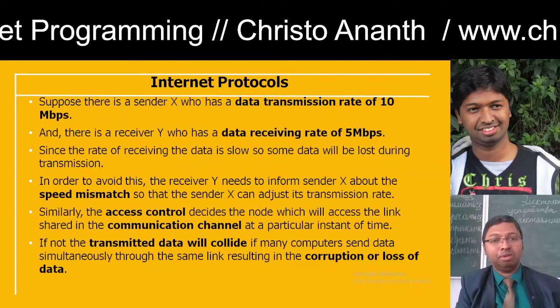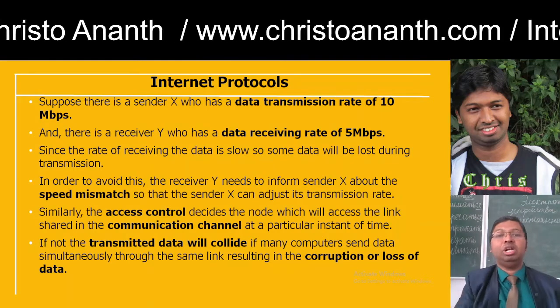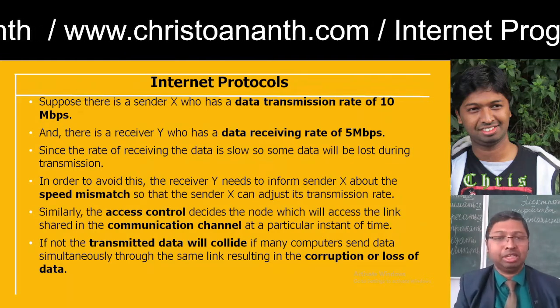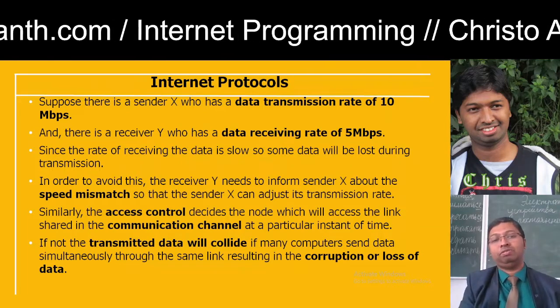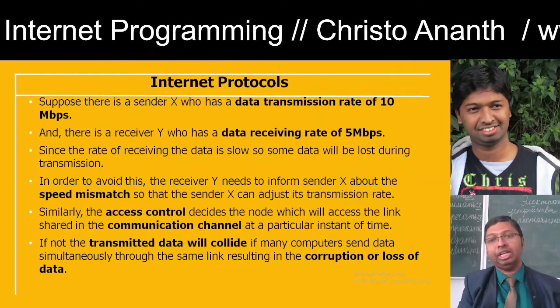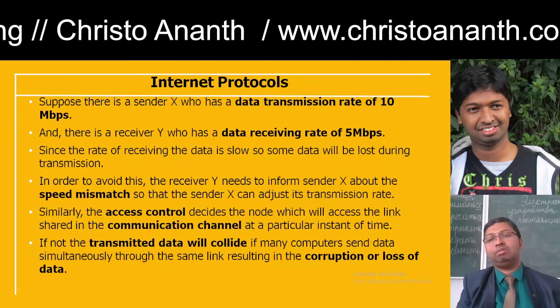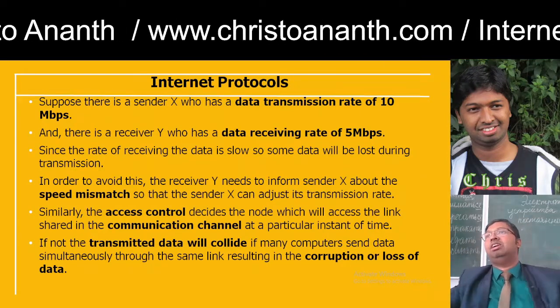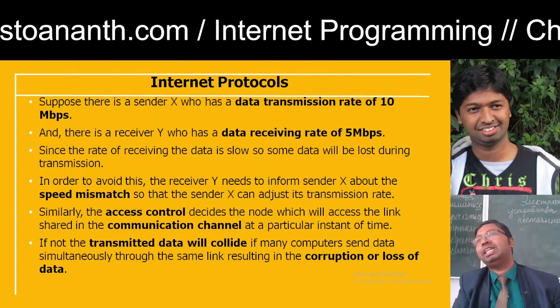Similarly, access control decides which node will access the link in the common communication channel. If many computers send data simultaneously through the same link, the transmitted data will collide, and then definitely collision or maybe corruption might take place, so there would be data loss.